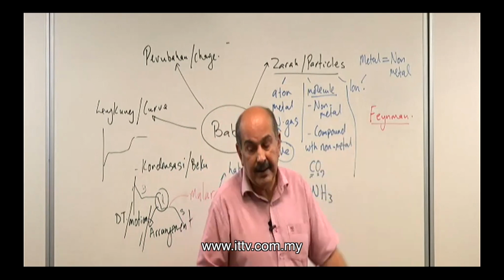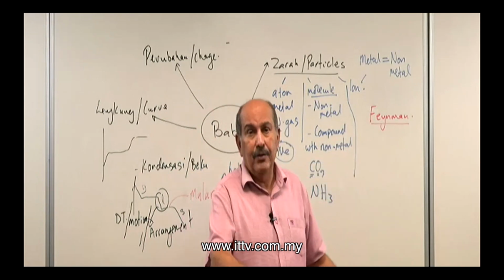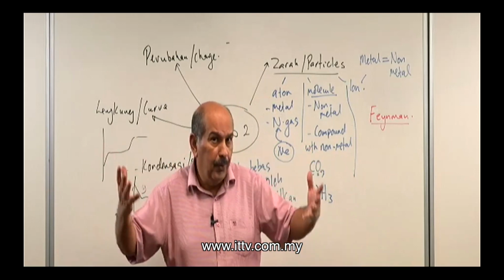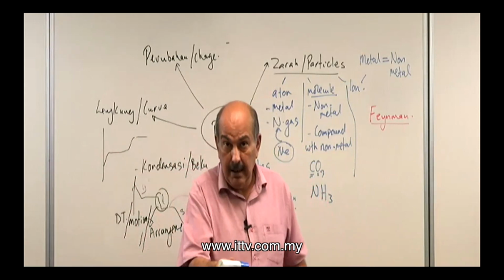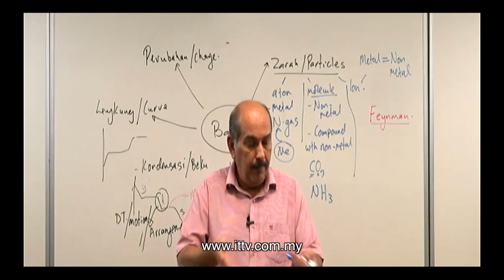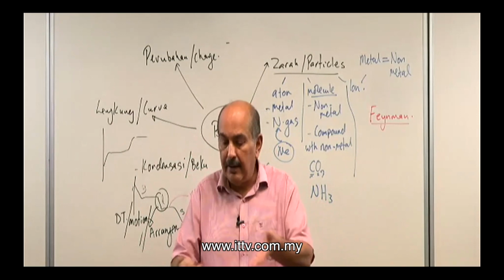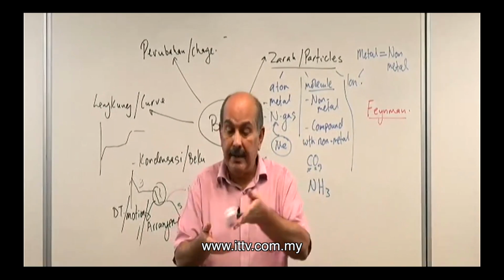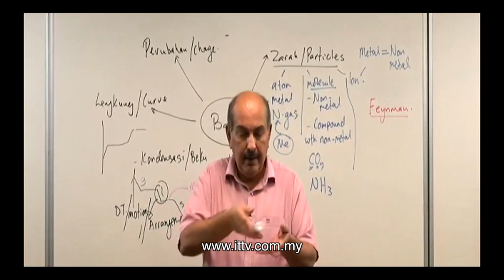Using the Feynman technique. So it's not hard. You take your broom. Everyone, the broom's still there, right? Get that broom, okay? Or take a pen. Yeah, and just toss the pen from one to the other, like that. So, atom, metals, noble gas. Repeat with me. Atom, metals, and noble gas.